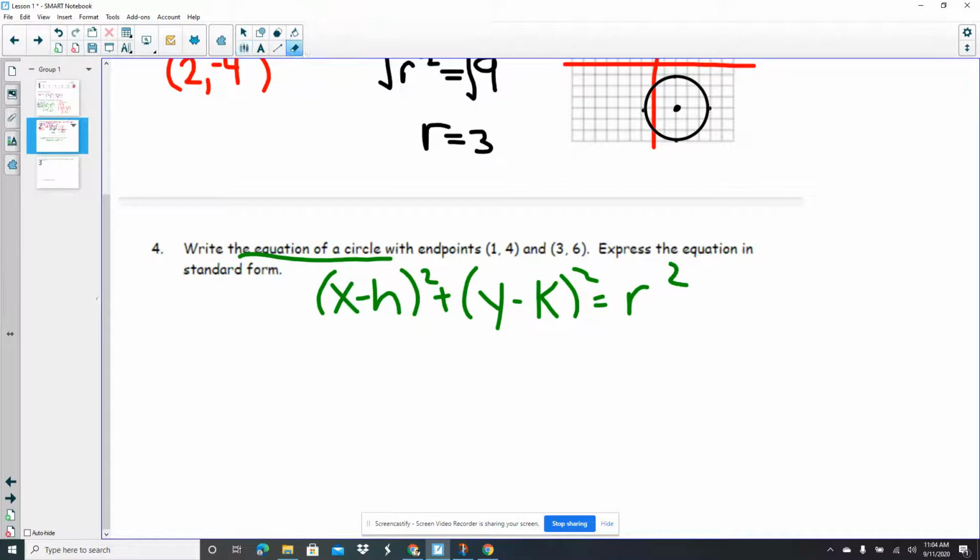I also highlight the pieces that need to be replaced in this equation. I need to know what the h is, the k is, and the r. The x and the y represent all the points around the circle, so those stay x and y. All right, so write the equation of a circle with endpoints (1, 4) and (3, 6). So if you want to just do a little sketch.